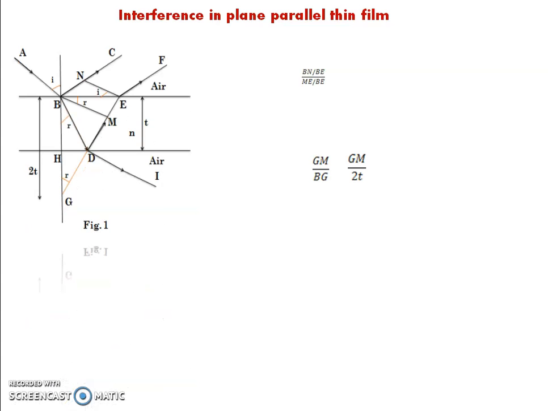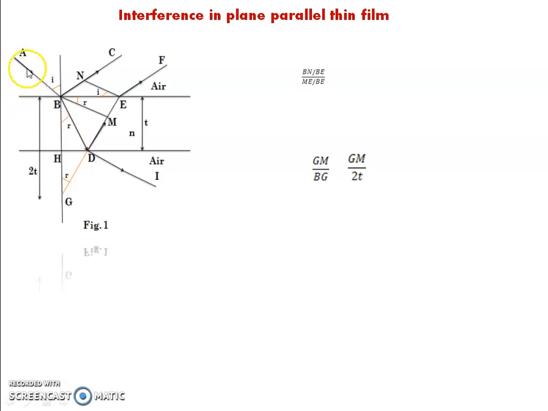If you look at this diagram, you will find that we have considered a thin parallel sided transparent film of thickness T, having refractive index N, surrounded by air.